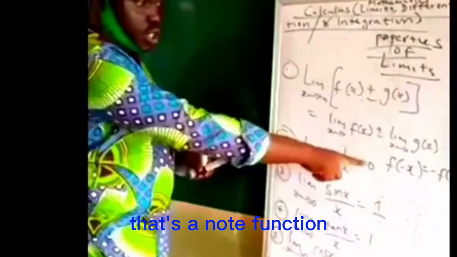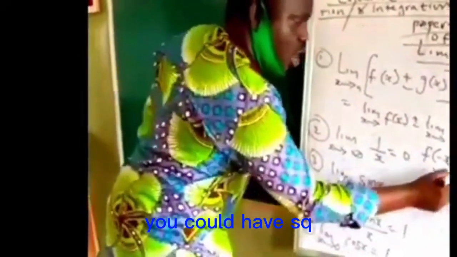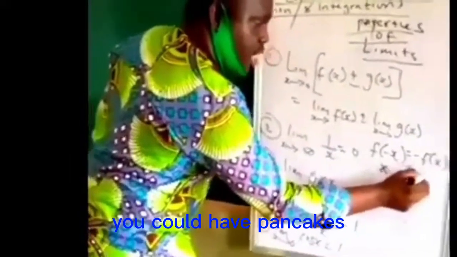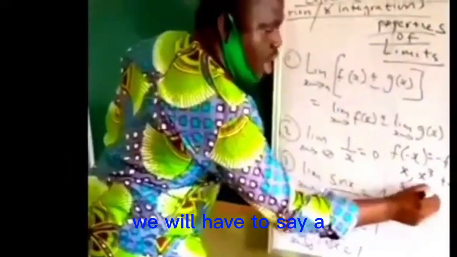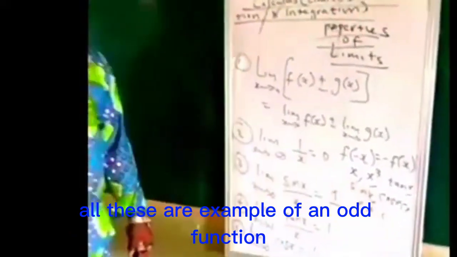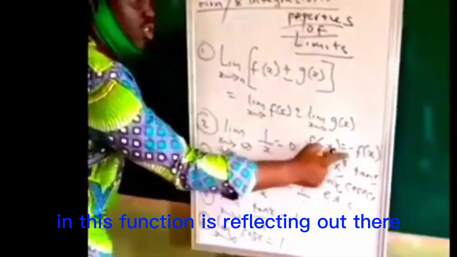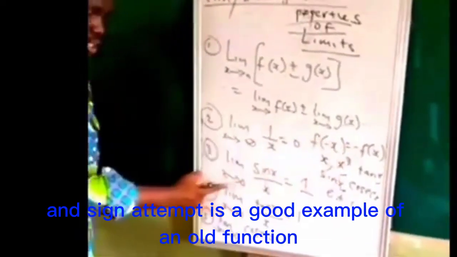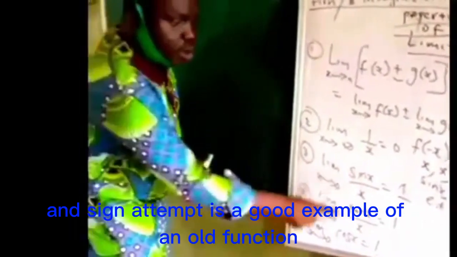That's an odd function. Examples of odd functions are x, x cubed, tan x, sin x, and even cosec x. All these are classic examples of an odd function. You could see that the minus in the argument is reflecting outside, and sin x and tan x are good examples of an odd function.